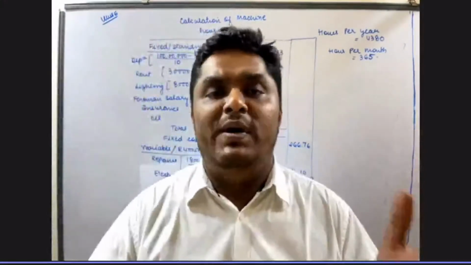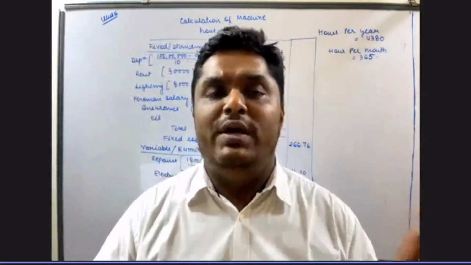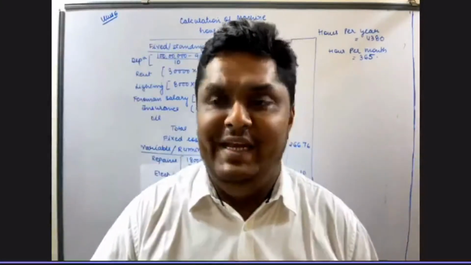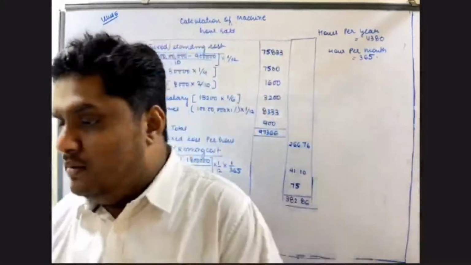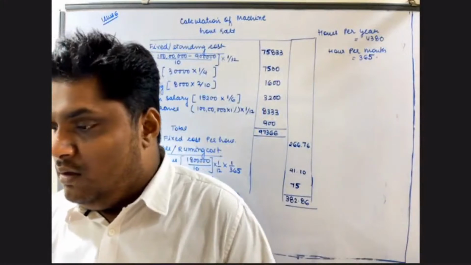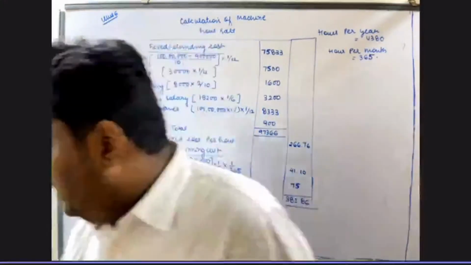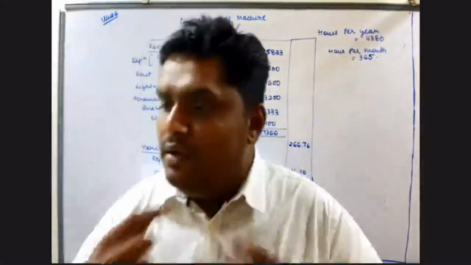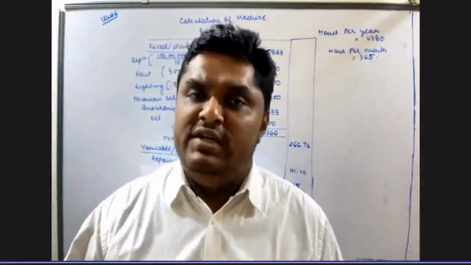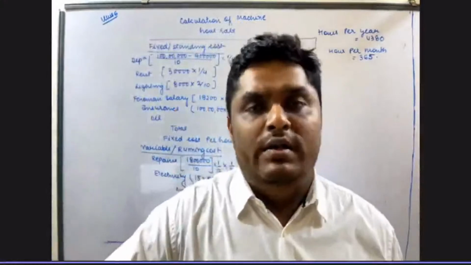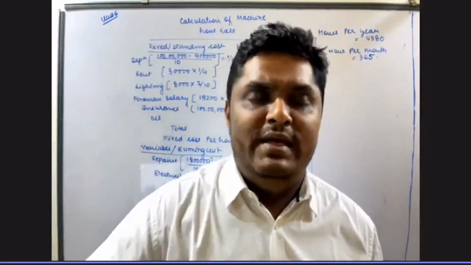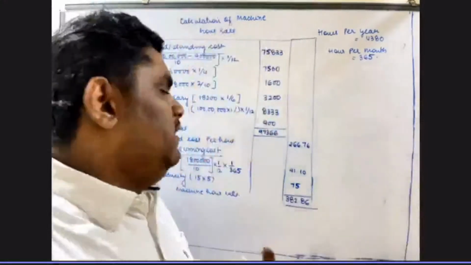But the correct approach is that you should consider the insurance amount on the total 1 crore rather than 91 lakh. Yes, we are calculating on 1 crore only. I request you guys to please check the updated study material on the ICAI portal. In that material, the insurance is calculated on 1 crore only.